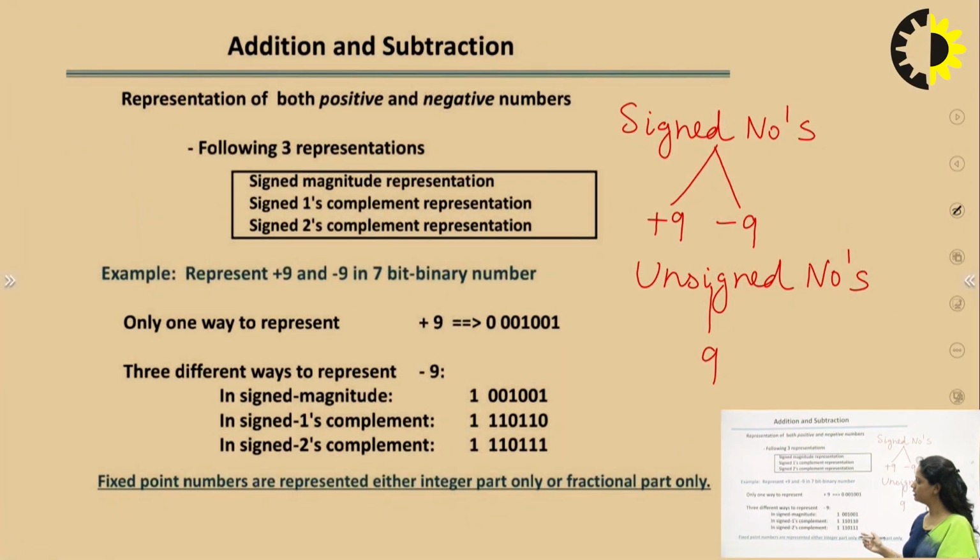Now, for example, we have to represent the signed numbers +9 and -9 in a 7-bit binary format. In sign magnitude representation, we will represent +9 in the form of 0 001001. This is the binary number of 9, and here we include an extra bit which is known as the sign bit, which is the most significant bit.